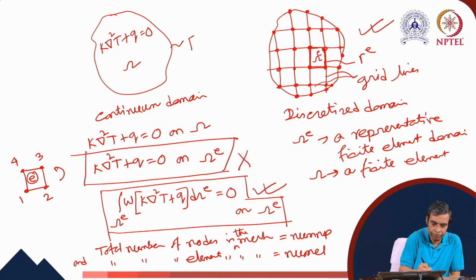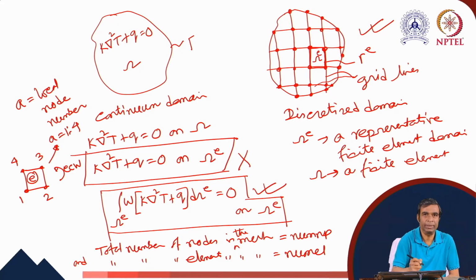We perform counterclockwise local node numbering. These local nodes are denoted by the symbol small a, so small a is the index for local node numbers. For this present case, we have 4 local nodes, so a is varying from 1 to 4.